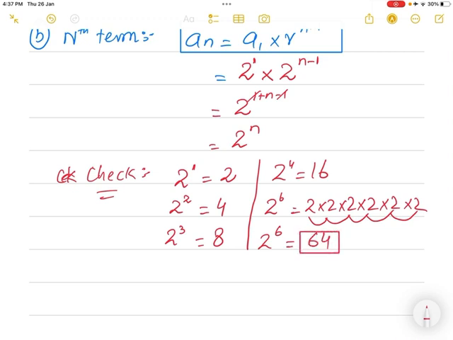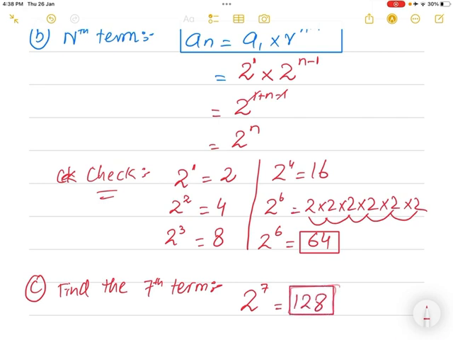For example, if you have part C, find the 7th term, without the formula it is difficult for you. If you have the formula right in the very beginning, it means that it is 2 power 7. So 2 power 6 is 64, and 2 power 7 would be 128. So that is your final answer for that.